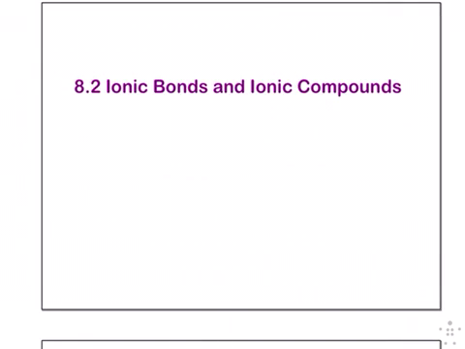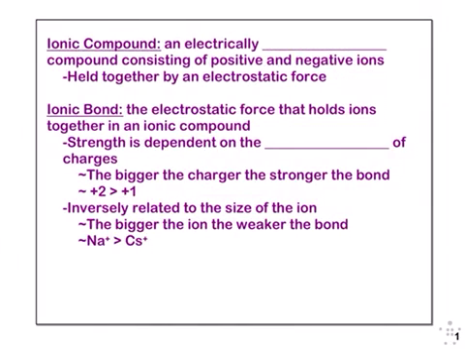All right, so we are going to talk about ionic bonds and the compounds that they form today. Lucky for us, we kind of started it last chapter in chapter 7. So an ionic compound is, electrically speaking, neutral.